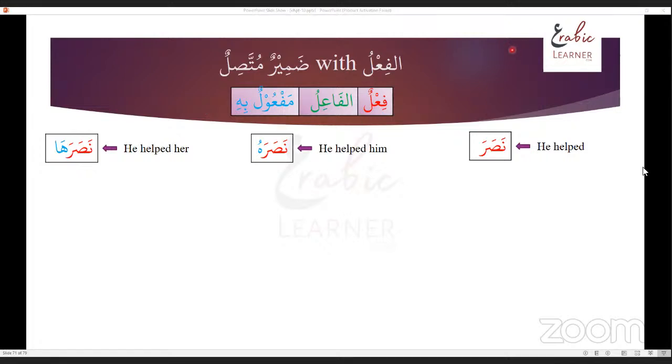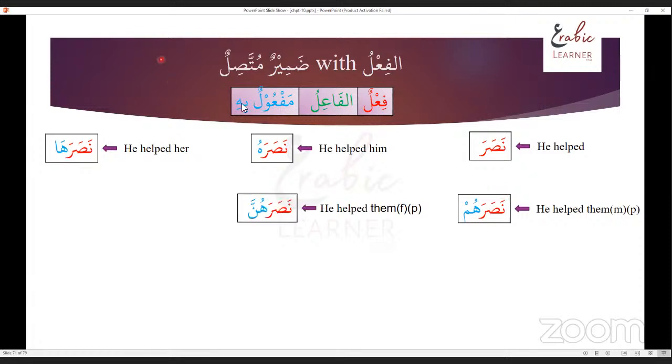He helped them, male, masculine plural: Nasarahum. Very good. He helped them all, feminine: Nasarahunna. MashaAllah.